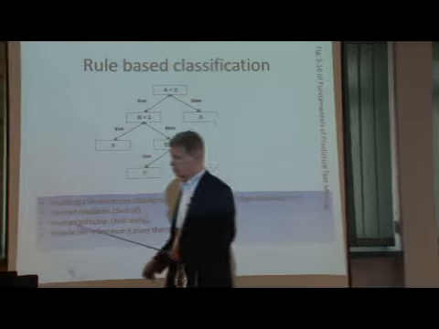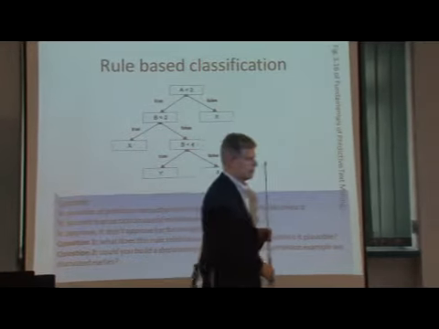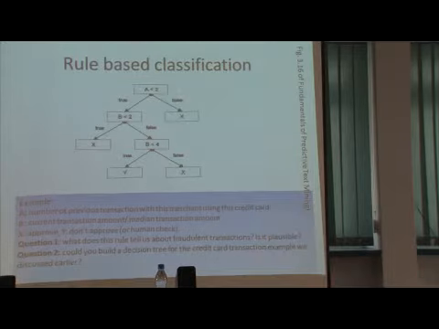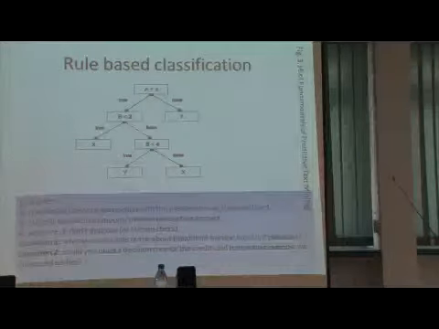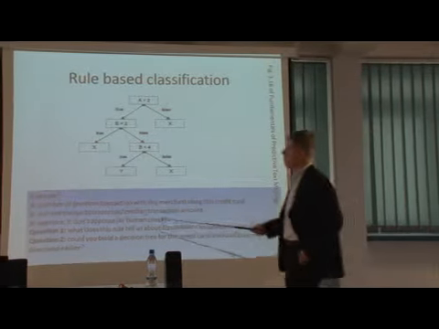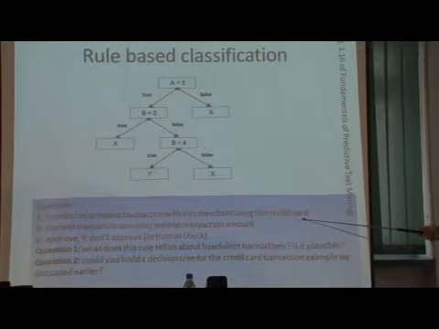So let's look at it with some interpretation. A could be the number of previous transactions with this merchant using this credit card.